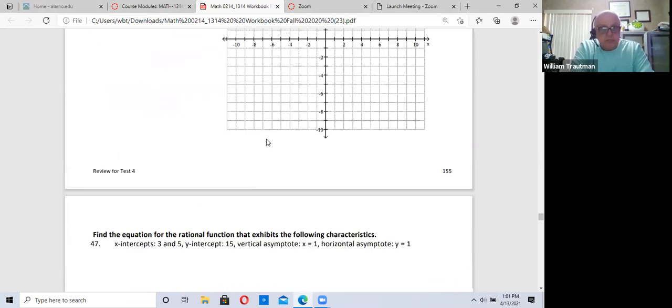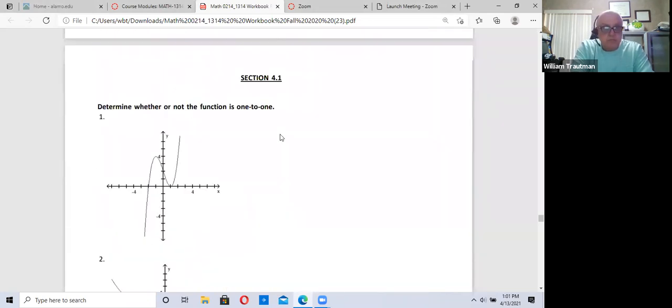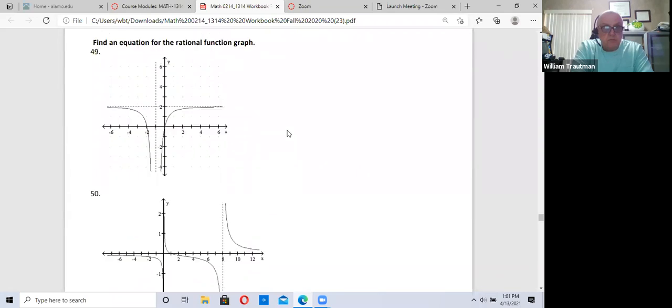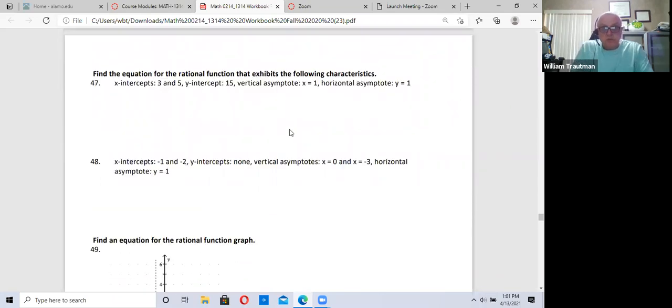48. Let's try to write this equation. X-intercepts at -1 and -2.